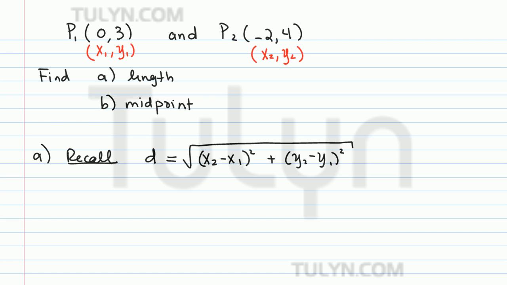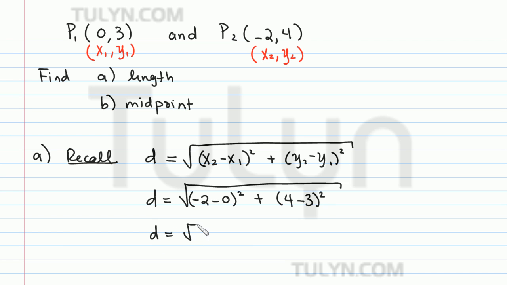So, given that, let's replace. D is the square root of x2, which is -2, minus x1, which is 0, squared, plus y2, which is 4, minus y1, which is 3, squared.